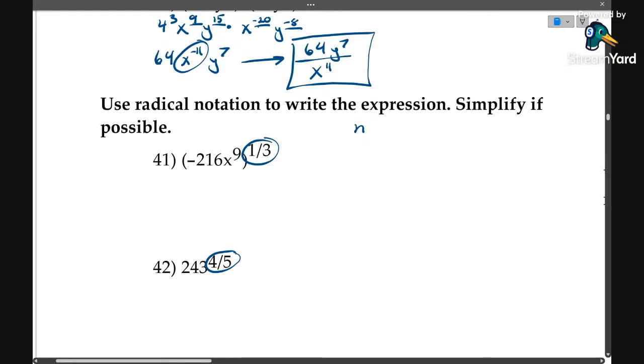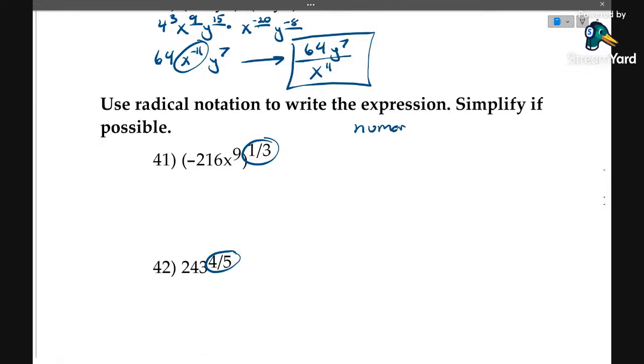So the numerator represents the exponent, while the denominator represents the index or the root that we are taking for that expression. So when I have 1/3, the 1 represents me raising it to the first power, but the 3 represents me taking the third root.